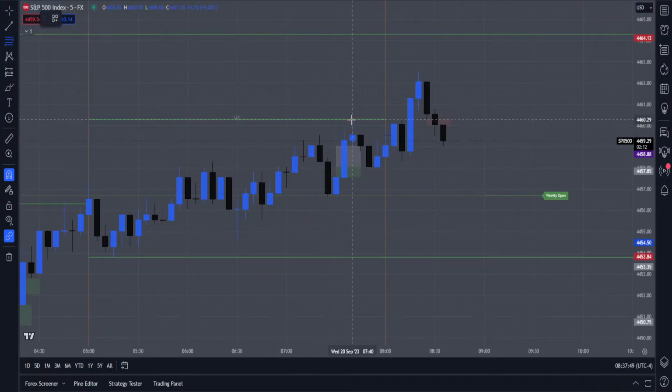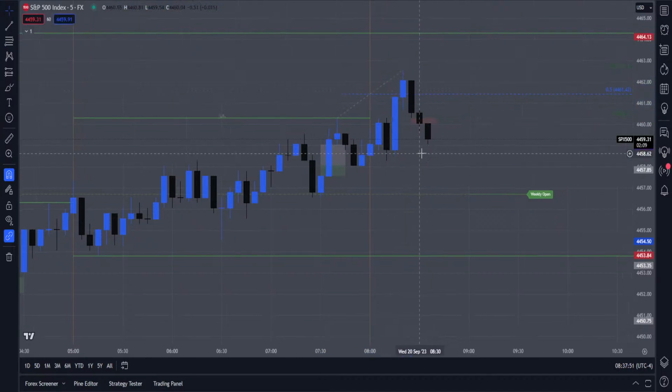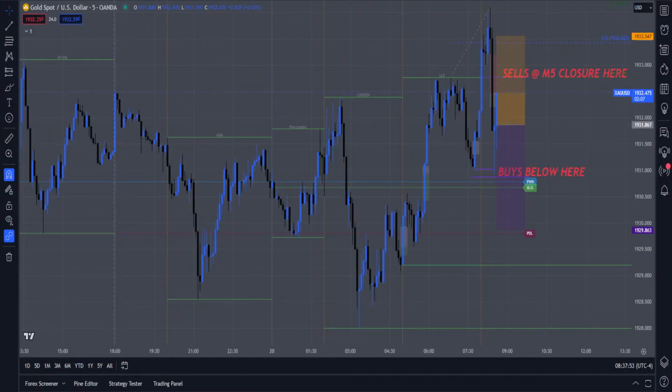So here we have another trade that would have been valid. It would have been the SPX trade right here. So we'll see how that plays out. And let me go ahead and take, I forgot to place one more trade on my small account.